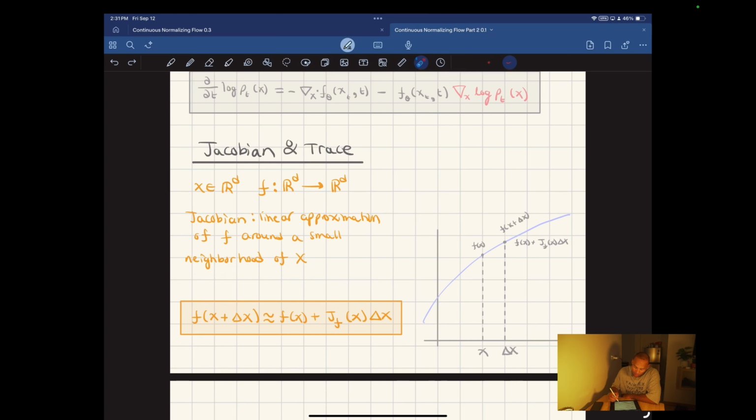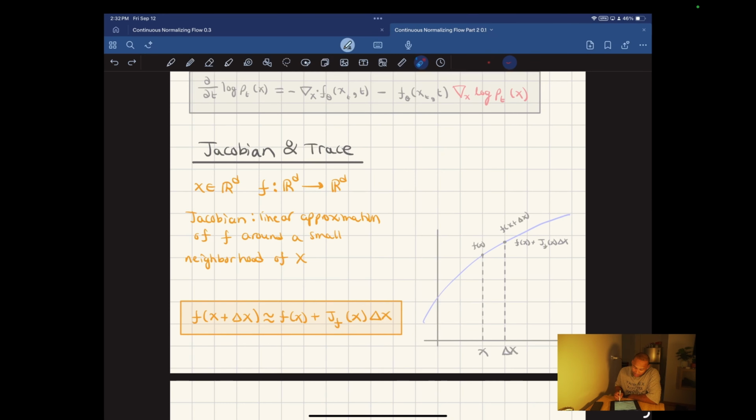Okay, so if we have a point x and we take a small infinitesimal neighborhood around it, right? The Jacobian is a linear approximation of the map f around that point. What that means is, I think the intuition is captured well by this equation.